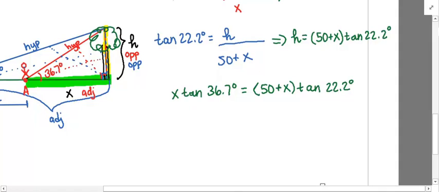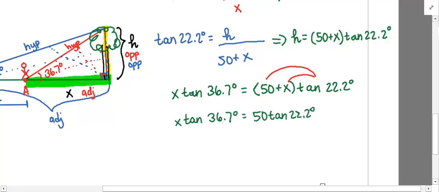I'm going to just follow my instinct and distribute on the right side here. So I'm going to send tangent of 22.2 through the parentheses. So we're going to get X times the tangent of 36.7 degrees is equal to 50 times the tangent of 22.2 degrees plus X times the tangent of 22.2 degrees.